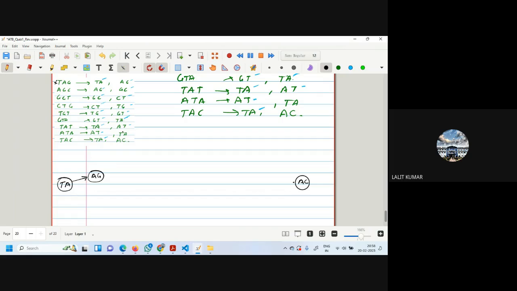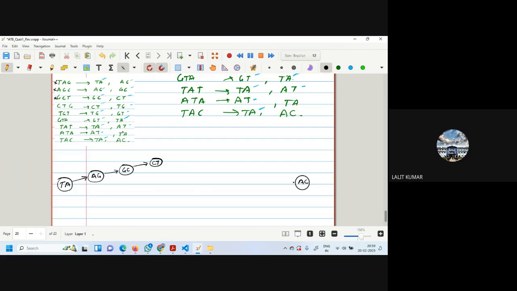Now from AG, I can go to GC. Okay, this I have covered. From GC, I can go to CT. CT I can cover here.